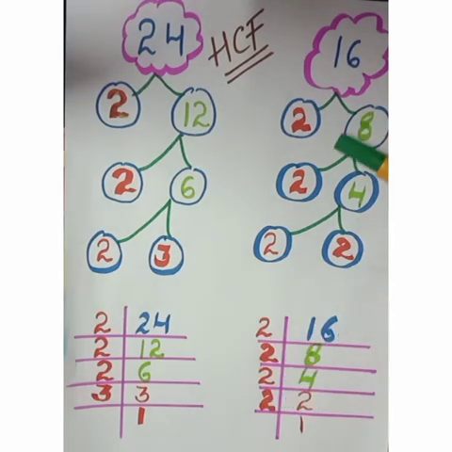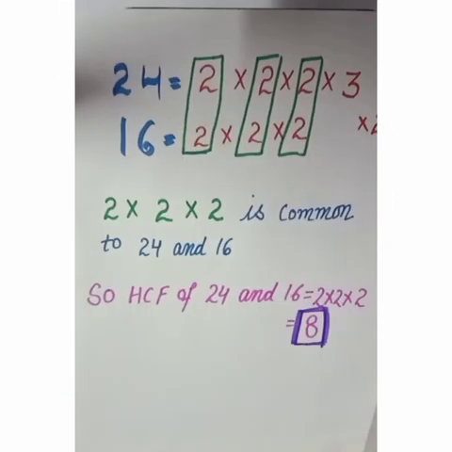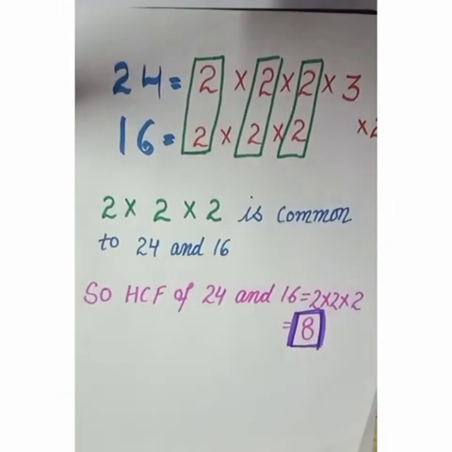By the factor tree method also we got 4 times 2. So whatever method you find convenient, either factor tree or prime factorization, you can find the prime factors of 24 and 16. Of 24 we got 2, 2, 2 and 3, and of 16 we got 2, 2, 2 and 2.